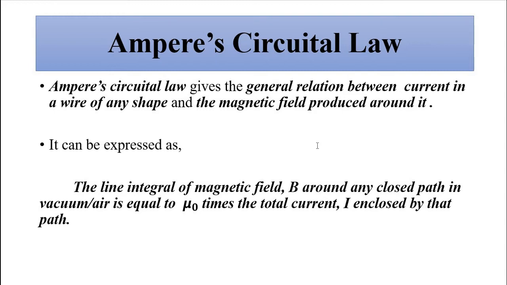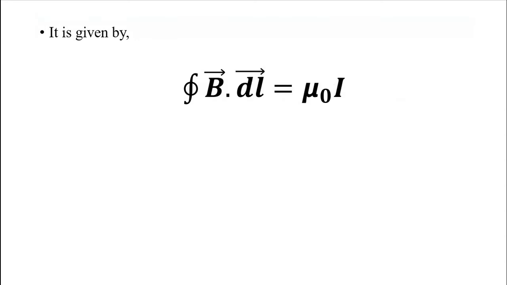But the Ampere's Circuital Law says that the line integral of a magnetic field around any closed path in vacuum or air is mu 0 times the total current enclosed by that path. It can be expressed in mathematical form as: the closed line integral of B vector dot dl vector is equal to mu 0 I.